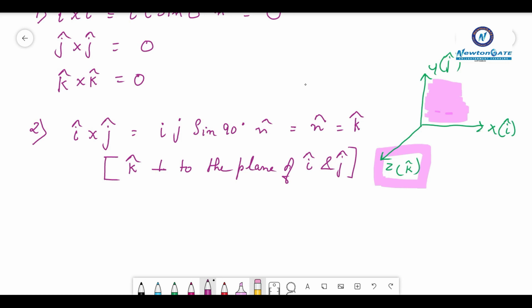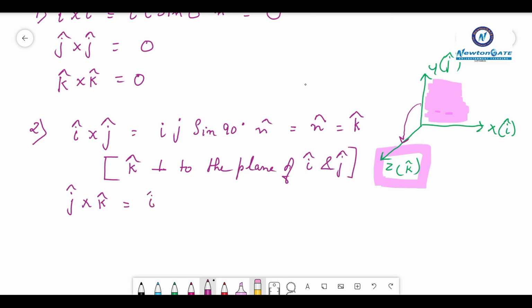Similarly now we can say that j cap cross k cap, what will it be? It will again be n cap. Now see, j and k, this is the plane that we are talking about here. What is it perpendicular to? i cap.